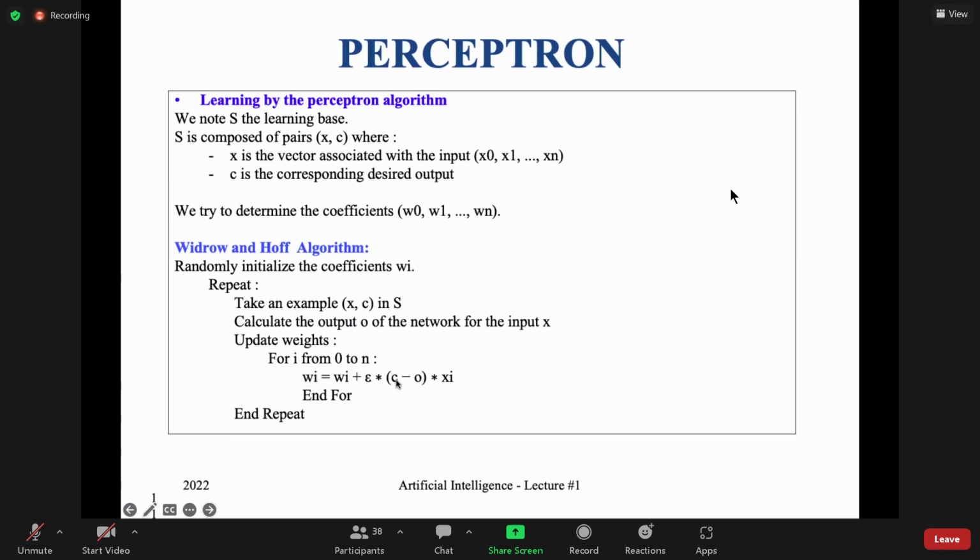If they are equal, C equals O in this case, the coefficient stays at the same value. So we change these coefficients when there is a difference between the target, the desired output, and the output I obtain with the perceptron, with the artificial neural network.